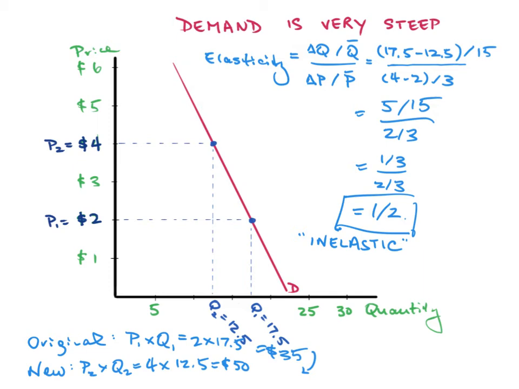Alrighty. So I've talked about the three major classifications of elasticity. Demand can be unit elastic, inelastic, or elastic. And those are associated with moderately steep, steep and shallow demand curves.